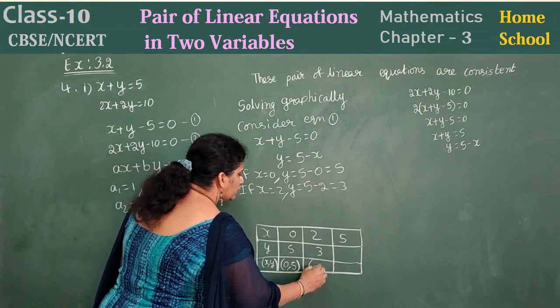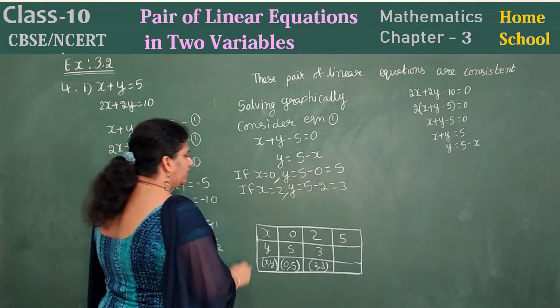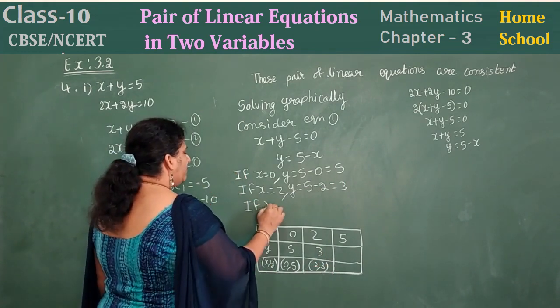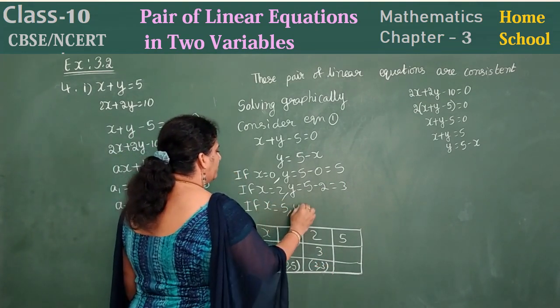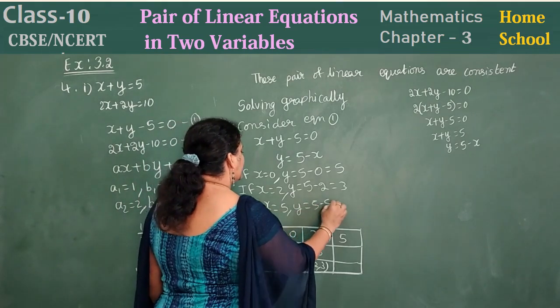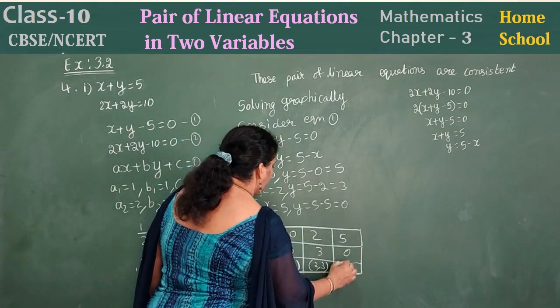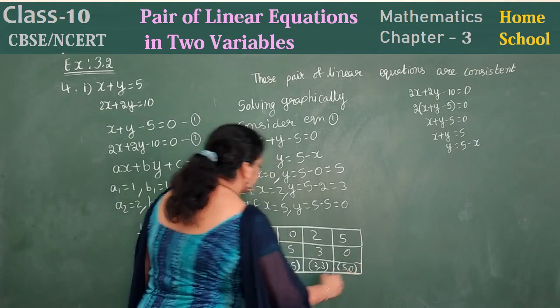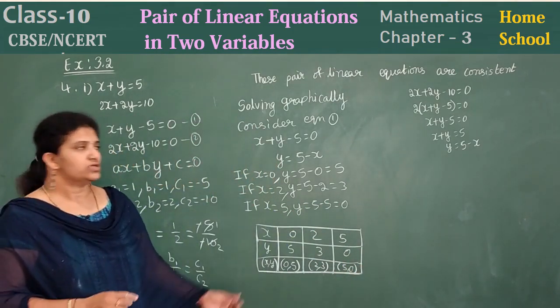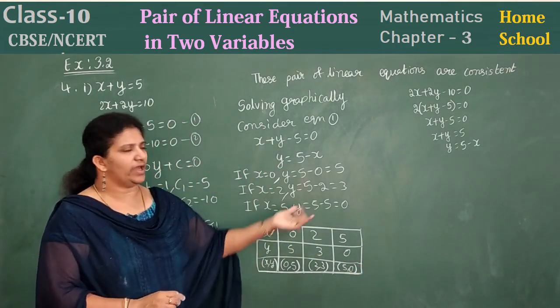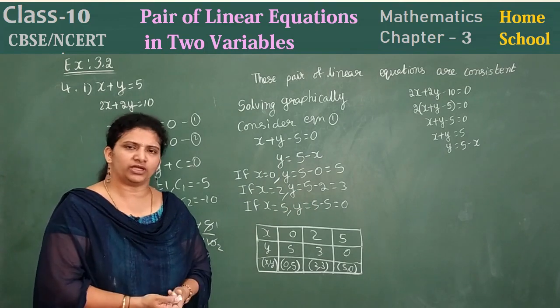And this will be 2, 3. Then one more. If x is equal to 5, y is equal to 5 minus 5, that will be 0. 5, 0.